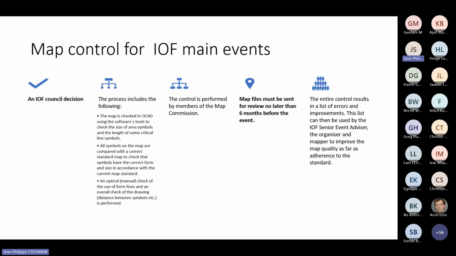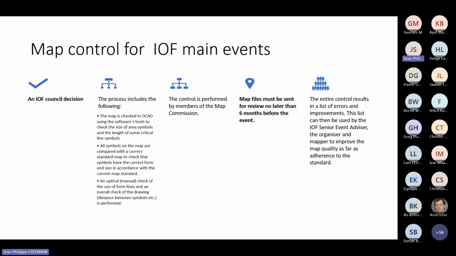I think we have to focus on the main errors, the really too small spot surfaces, too small lines. And I think it's a compromise we have to make with the mappers on that. But I think there are some rules within the specification, and we have to check them.